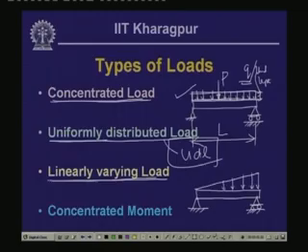Here the intensity is 0 and here it goes to a maximum intensity q. So, the entire length of the beam is subjected to a load which is linearly varying. Now, it can be of different types.